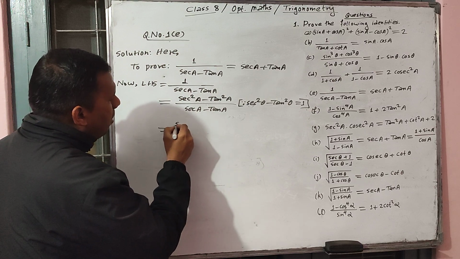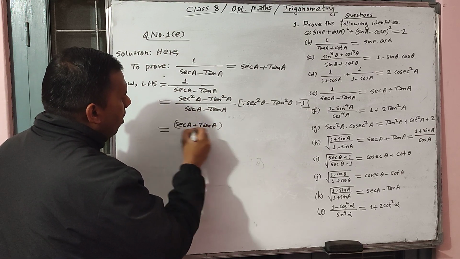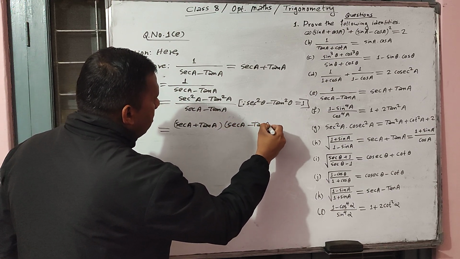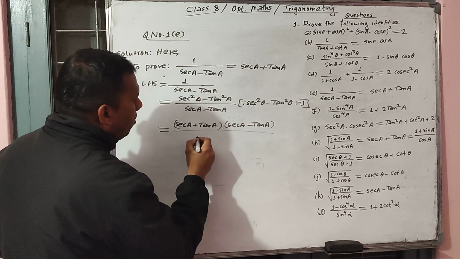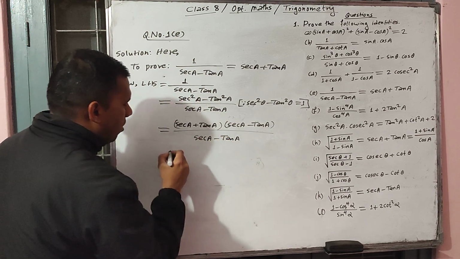So here sec A plus tan A and sec A minus tan A, all upon sec A minus tan A.